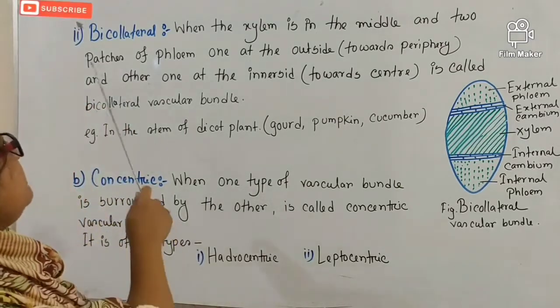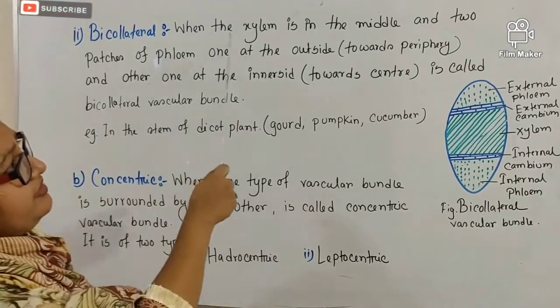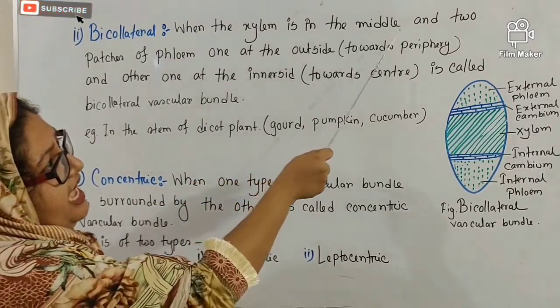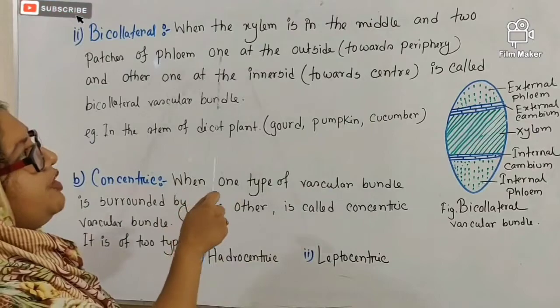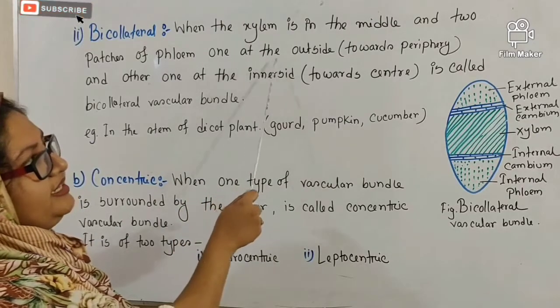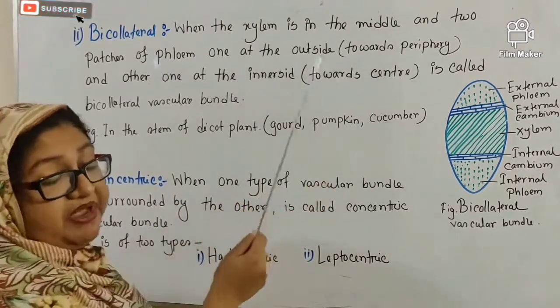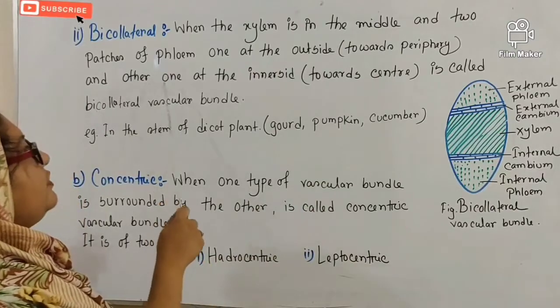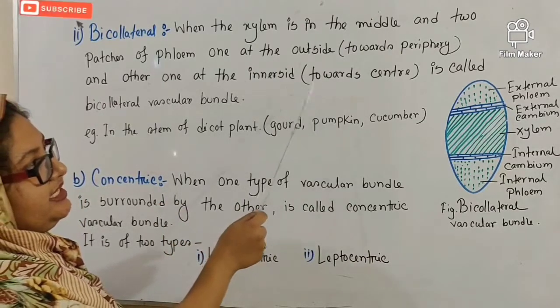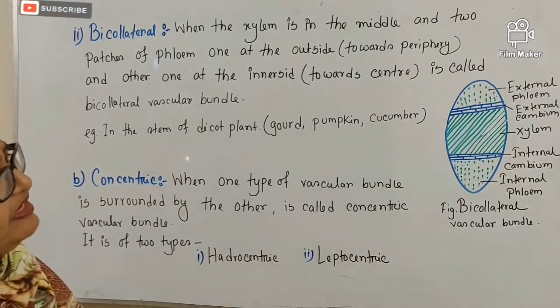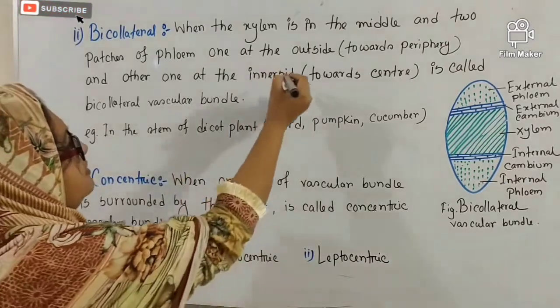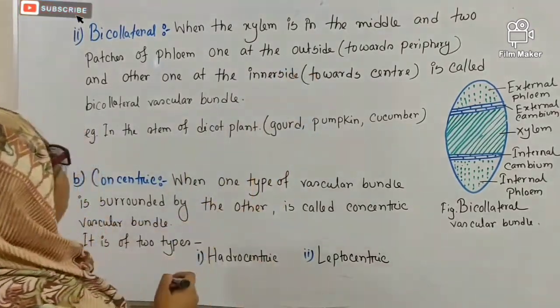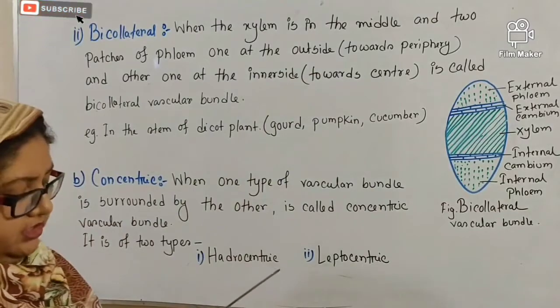Now, my dear students, the bicollateral. When the xylem is in the middle and there are two patches of phloem, one on the outside, that means towards the periphery, and the other one on the inner side, that means towards the center, it is called a bicollateral vascular bundle.